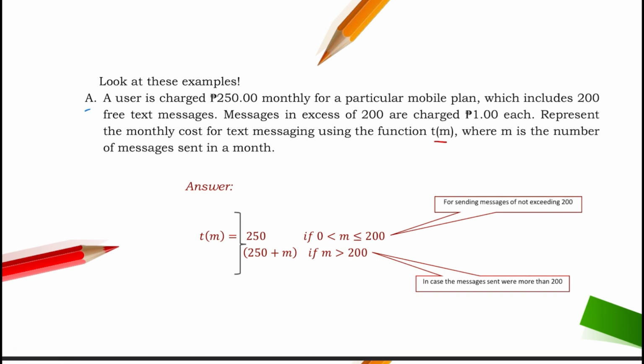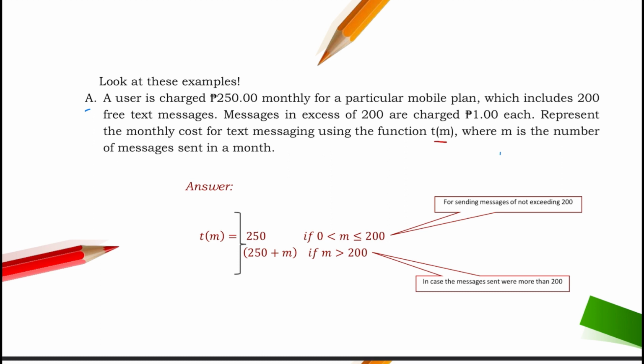Example A. A user is charged 250 pesos monthly for a particular mobile plan, which includes 200 free text messages. Messages in excess of 200 are charged 1 peso each. Now, represent the monthly cost for text messaging using the function T of M, where M is the number of messages sent in a month.